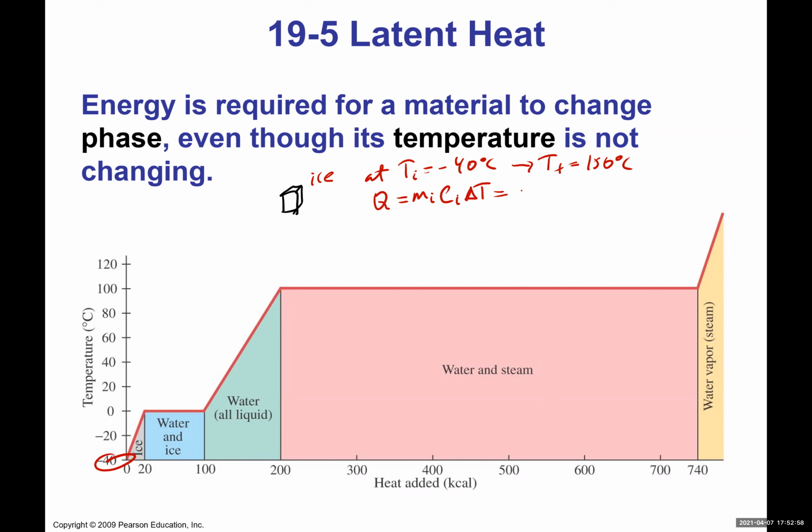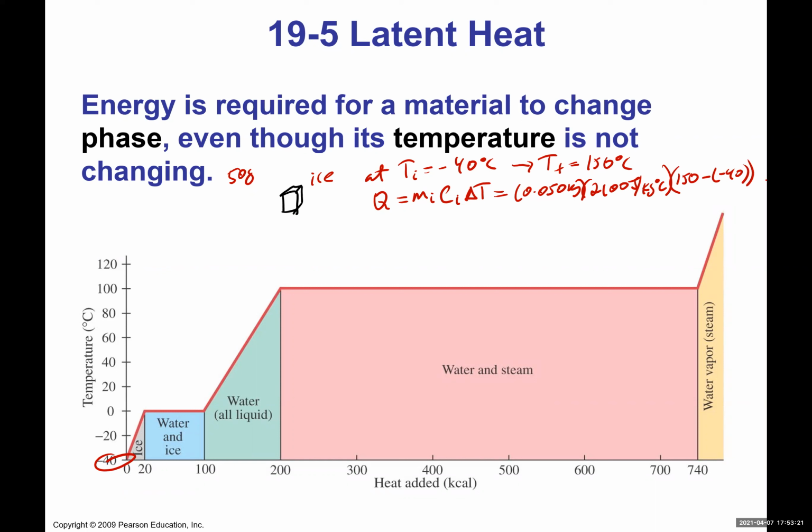Let's say it's a 50-gram ice cube, so that will be 0.050 kilograms, converting to kilograms. The specific heat of ice is 2100 joules per kilogram degrees Celsius. And the change in temperature, let's say I put 150 minus negative 40.